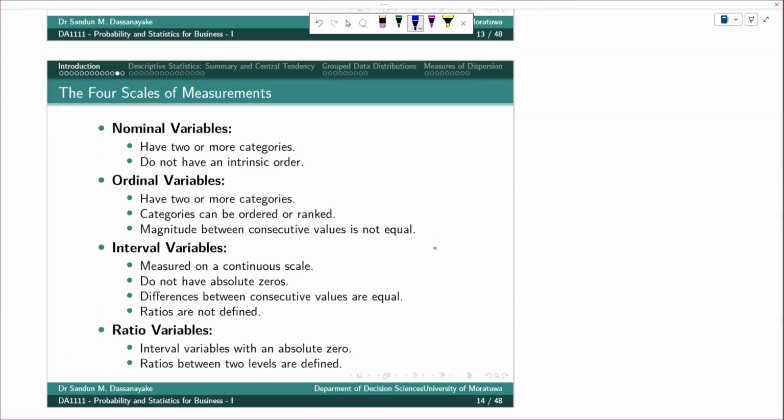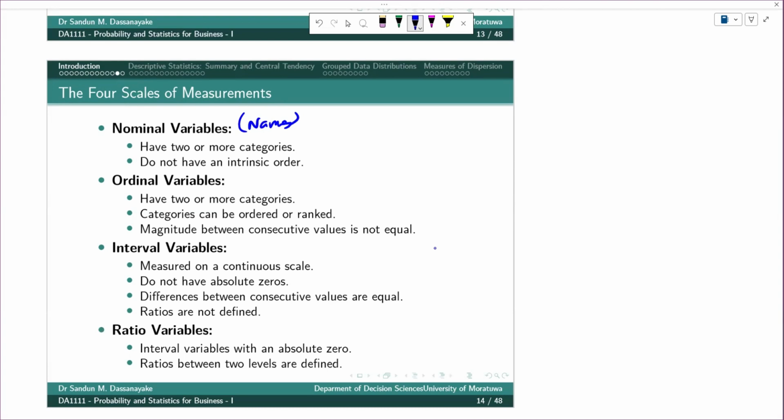The four scales of measurement are nominal, ordinal, interval, and ratio. These are different types of measurements. Nominal variables include names, just for the sake of understanding it. So you can have two or more categories.